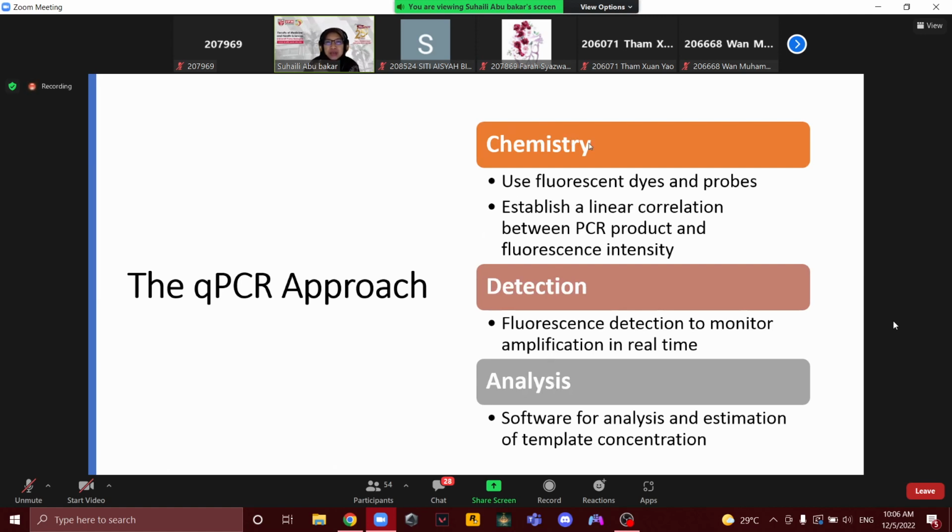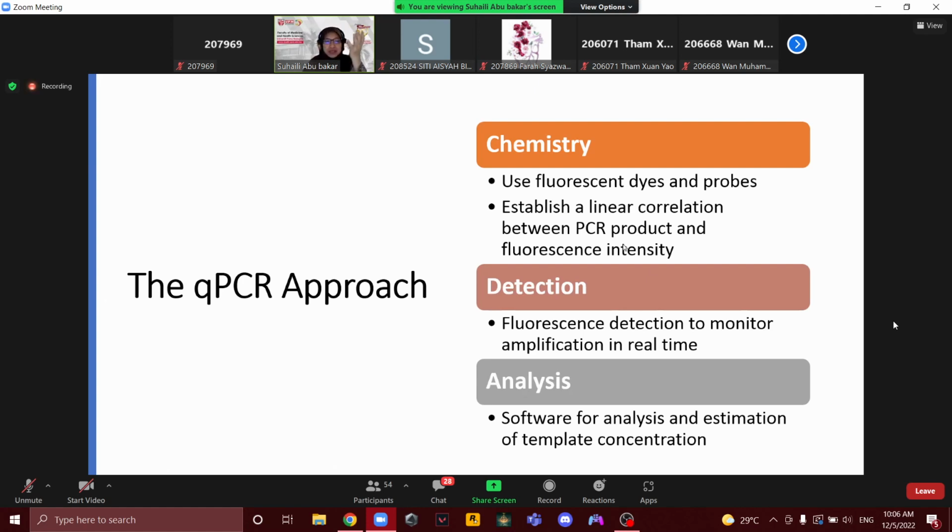What is the chemistry involved? What is the chemical reagent involved? What is the chemistry reaction involved? And then what is the detection involved? And what is the analysis that I need to have? In terms of the chemistry, in this approach we use fluorescent dye and probe. Because of that, it will establish a linear correlation between PCR product and fluorescent intensity.